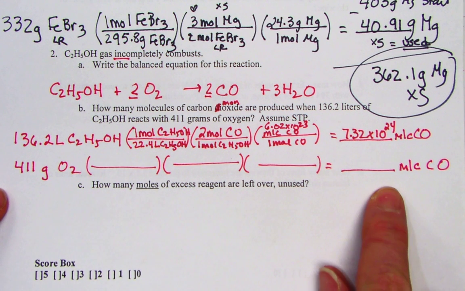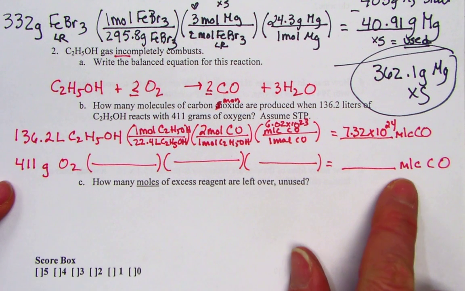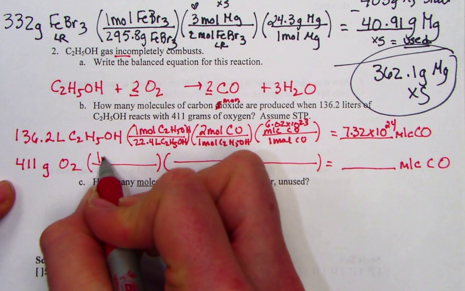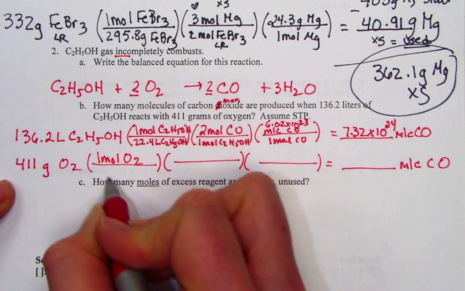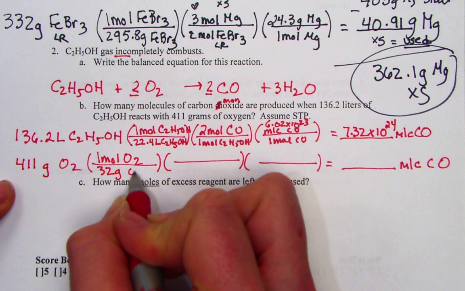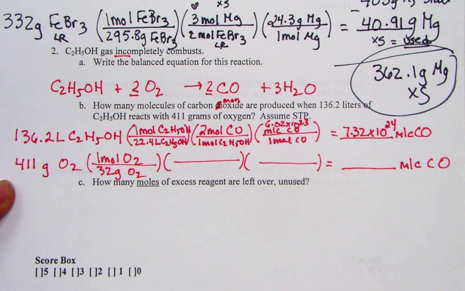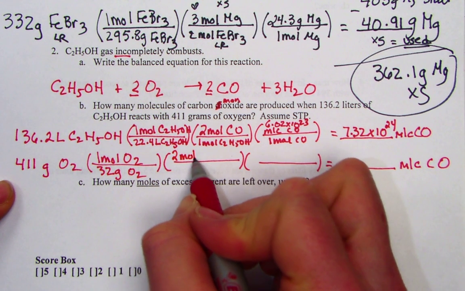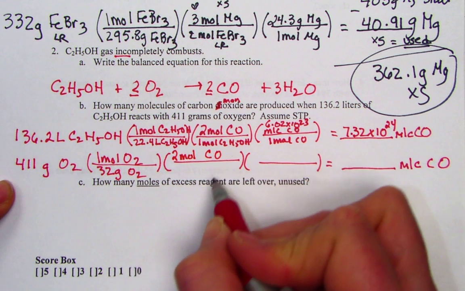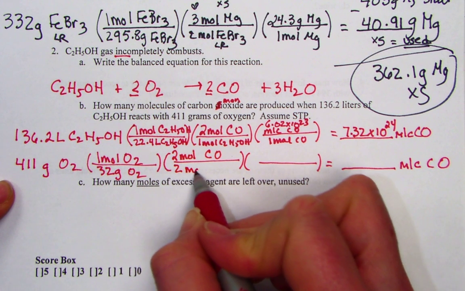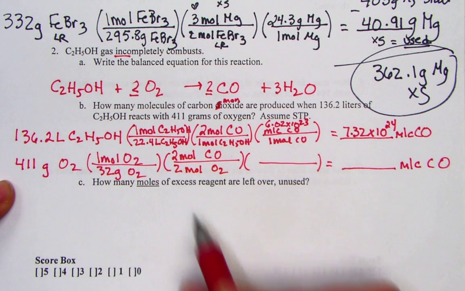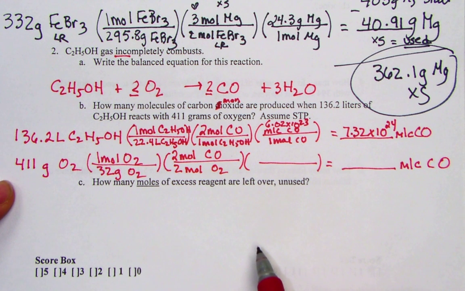In our second parenthesis set, we're given oxygen and work to the same target, carbon monoxide molecules. Since we're at a gram unit for the reactant oxygen, we use molar mass of 32 grams in every 1 mole of oxygen. We notice the stoichiometric ratio would place 2 moles of CO on the top for every 2 moles of oxygen on the bottom, a 2 over 2 ratio.